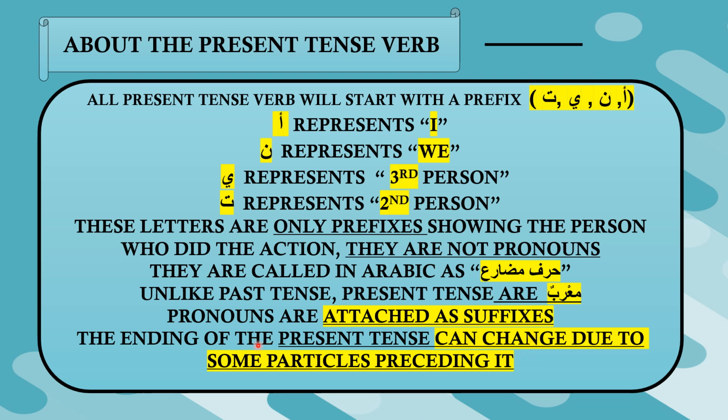And the endings of the present tense can change due to some particles preceding it. This point will be applied when we learn the Fel Mudaare in mansub case and Fel Mudaare in majzoom case. So in this video, I'm just covering the marfu case. So let's go on and see the next slide.